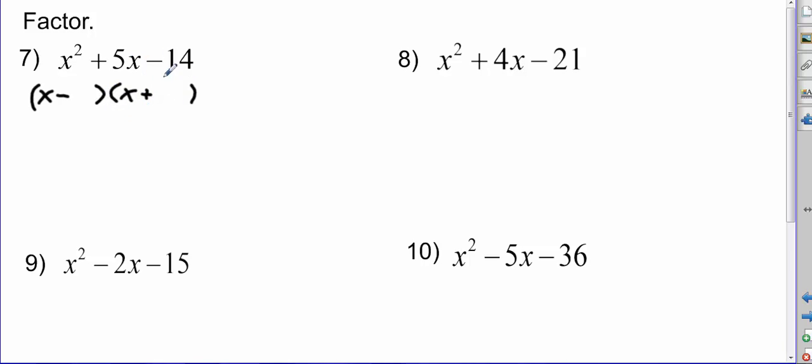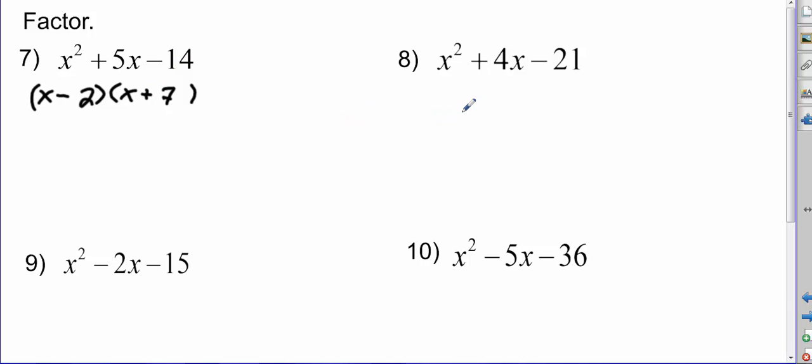So I do want to use 2 and 7, because when we multiply 2 times 7, we're going to get 14. And it'll matter which one the 2 goes with and which one the 7 goes with. In this case, the 7 is going to be positive, and the 2 is going to be negative. So if you were to switch that around, we would have a different trinomial altogether. So it does matter which sign you put the numbers with.